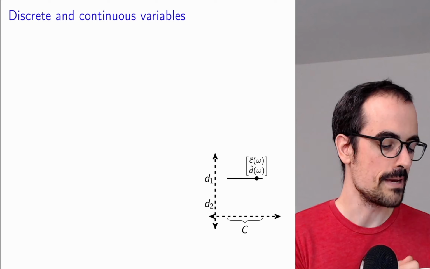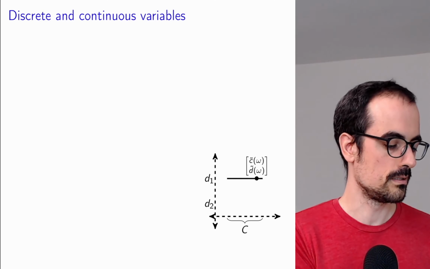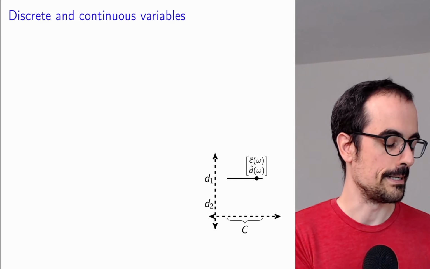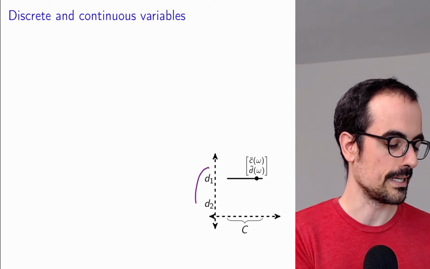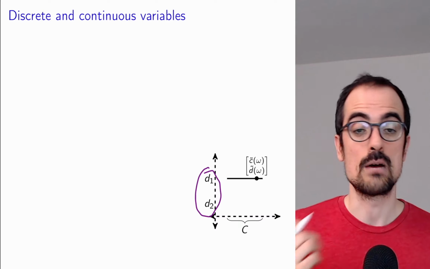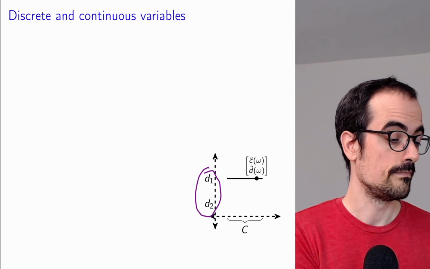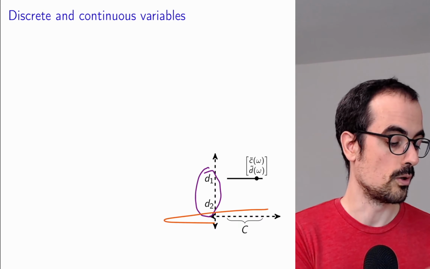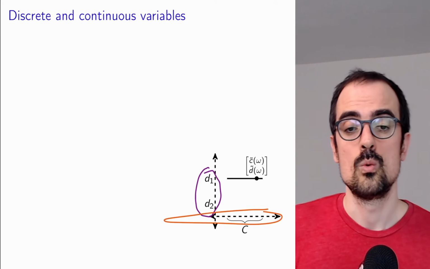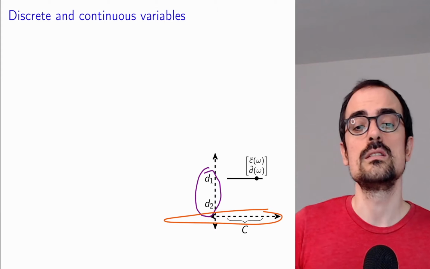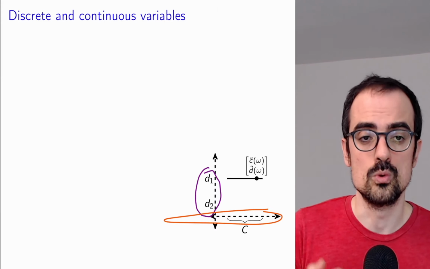So if you remember, here we have a discrete variable that can take two values, d1 and d2, and we have a continuous variable that can take values over the whole real line. What does it mean to jointly model these two random variables?